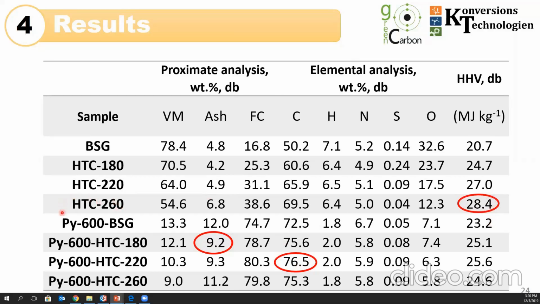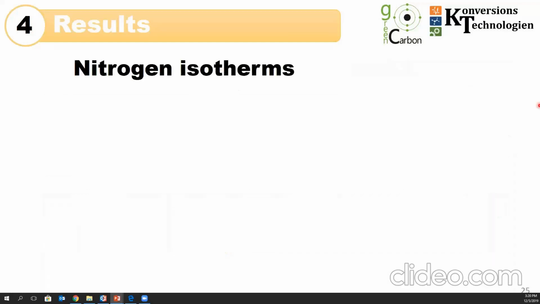So the pyrolysis char resulted in lower heating value compared to the one process HTC in this case. So it means that if we want to produce char for energy purposes, for combustion, it can be beneficial to use only high temperature hydrothermal carbonization instead of pyrolysis, or even both pyrolysis and hydrothermal carbonization.